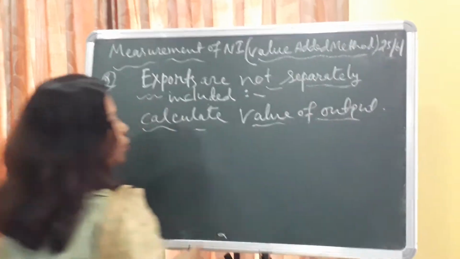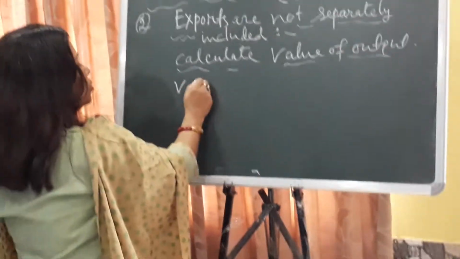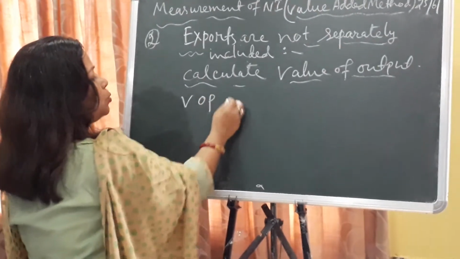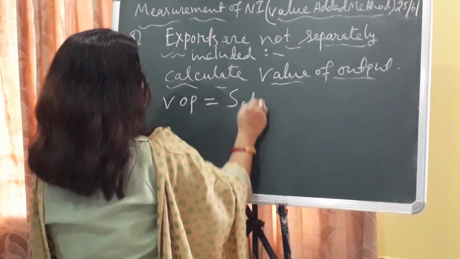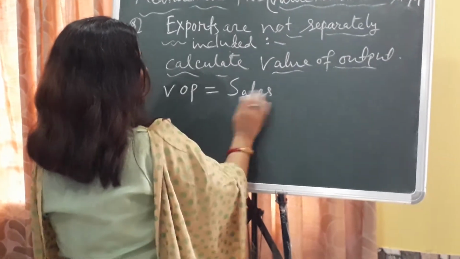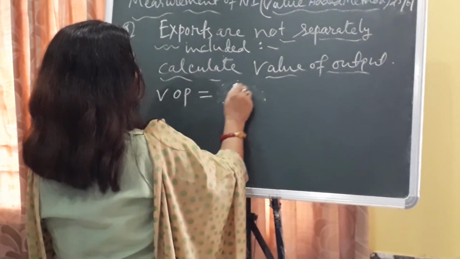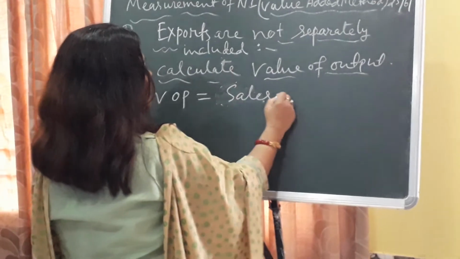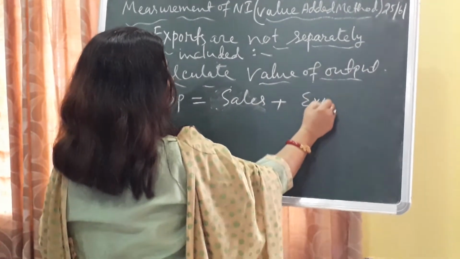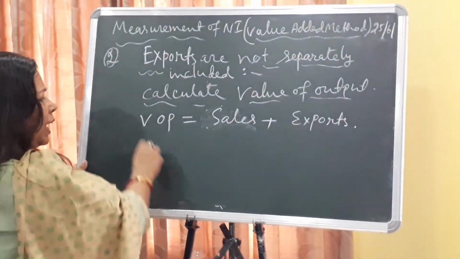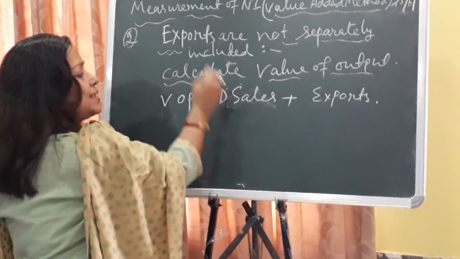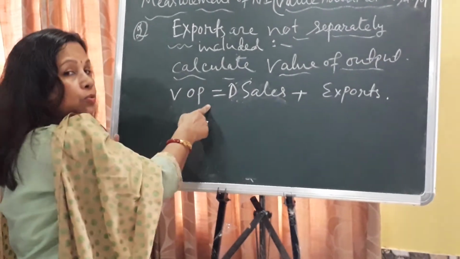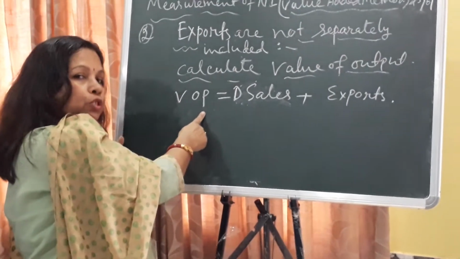Value of product or output equal to sales plus exports. Sales means domestic sales plus exports. Both are included in value of output or product.